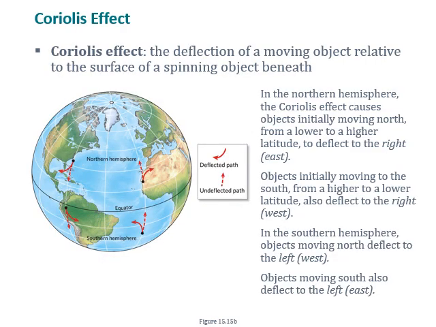The Coriolis effect is the deflection of a moving object relative to the surface of a spinning object beneath. So we know that Earth spins. If you're looking from the top down in a bird's eye view from the North Pole, it spins in a clockwise direction. So that's why the eastern regions see the sun before the western regions.